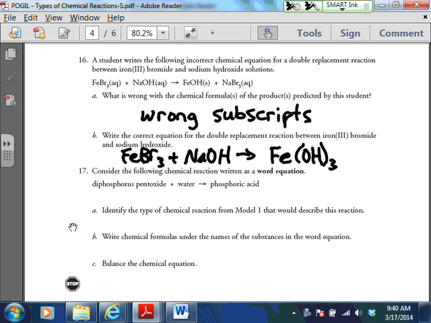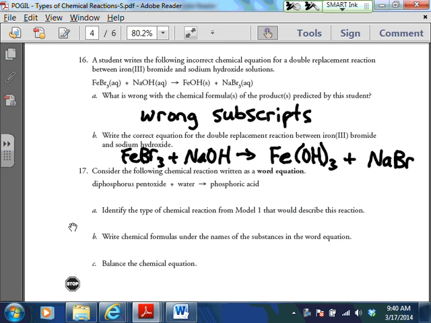Now make sure you put the OH in parentheses, because you have to show that the entire OH, there are 3 of those. Remember, you always do that with your polyatomic ions when you're crisscrossing your charges. Plus NaBr, 1-to-1 ratio. 1 plus, 1 minus. Okay, that looks a lot better.